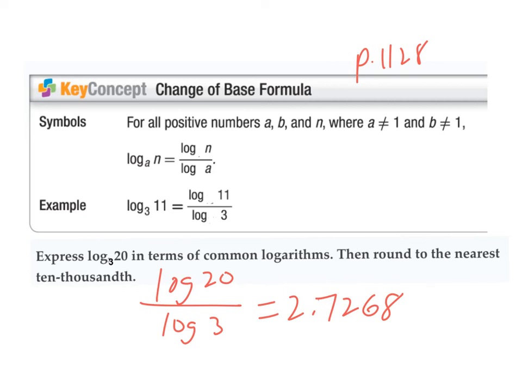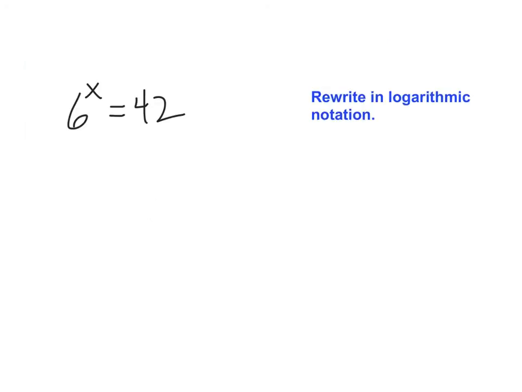2.7268. Now I want to go back for a second because some of our problems looked kind of like that. This problem that we did, where we took the log of both sides, I could rewrite it in logarithmic notation. And I could solve it the same kind of way now that we have the change of base formula.